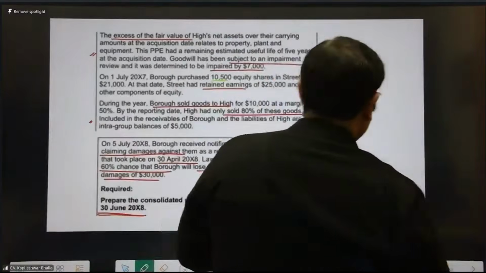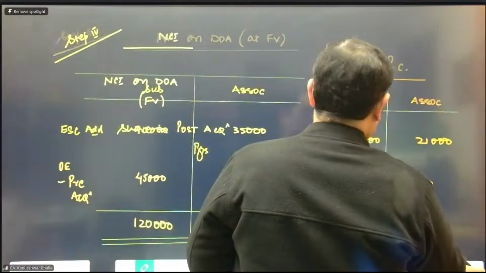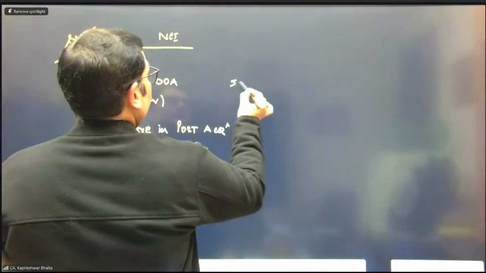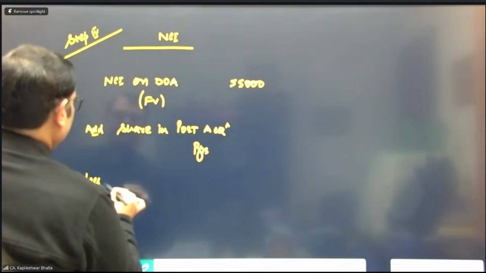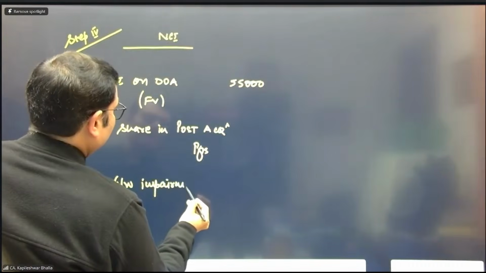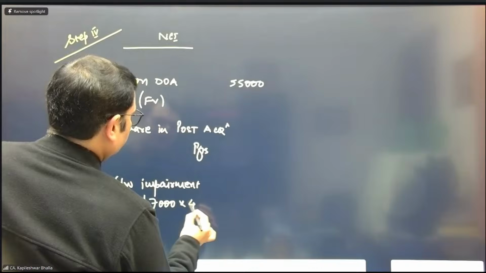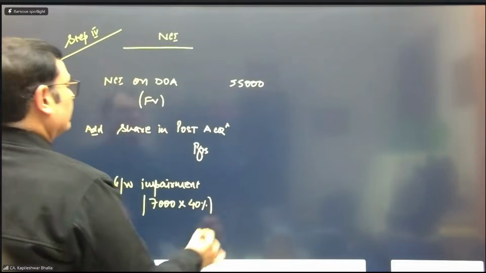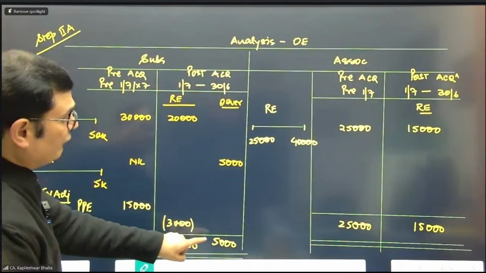So NCI is 55 and there is a goodwill impairment of 7. So NCI on the date of acquisition is 55,000. And then we also need to consider the goodwill impairment because goodwill is full goodwill. So the NCI will bear the share. Out of that 7,000, 40% belongs to the NCI. That's 2,800. And let's consider the post-acquisition profits as well: 17 and 5.